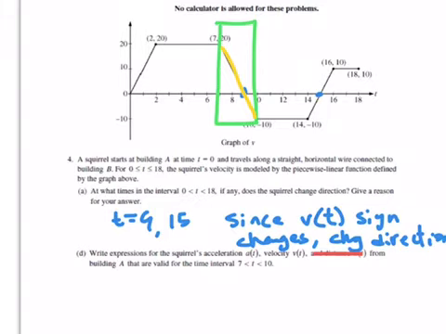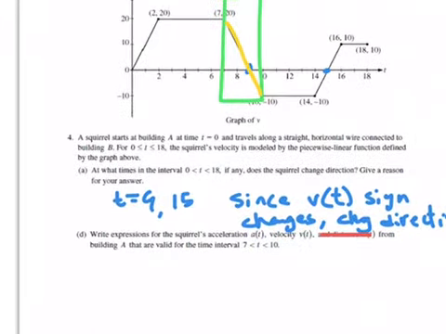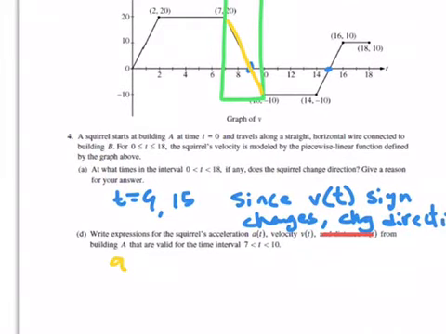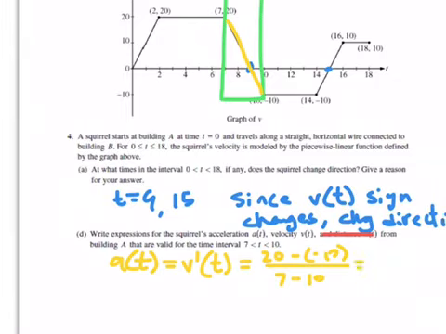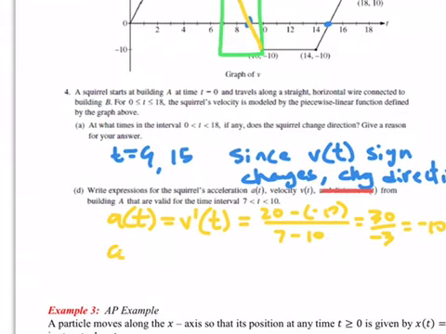So the slope of that line, of course, would be constant, and so the acceleration between times 7 and 10 looks like it would be the slope, or the velocity's derivative, which would be y minus y over x minus x. That comes out to be negative 30 over 3, which is negative 10. So during this interval, the acceleration would be negative 10.